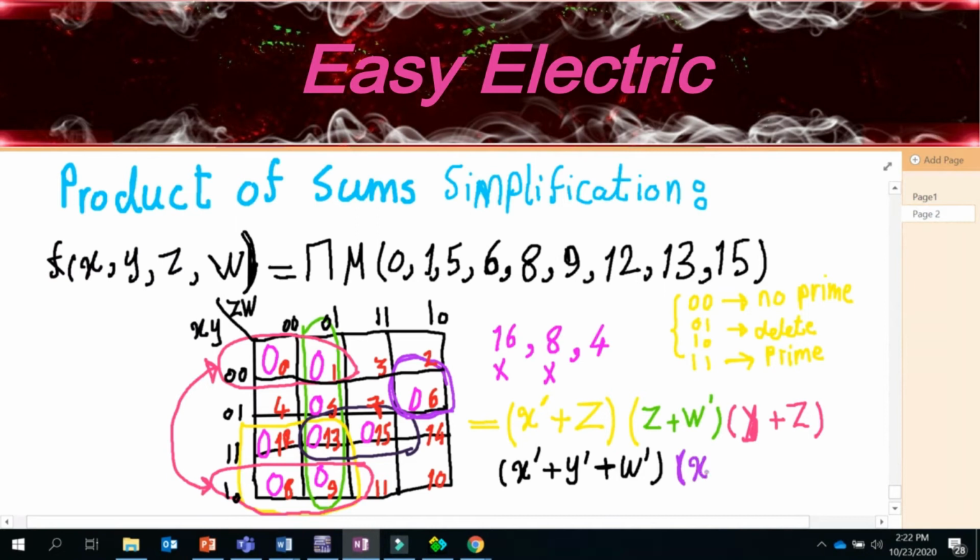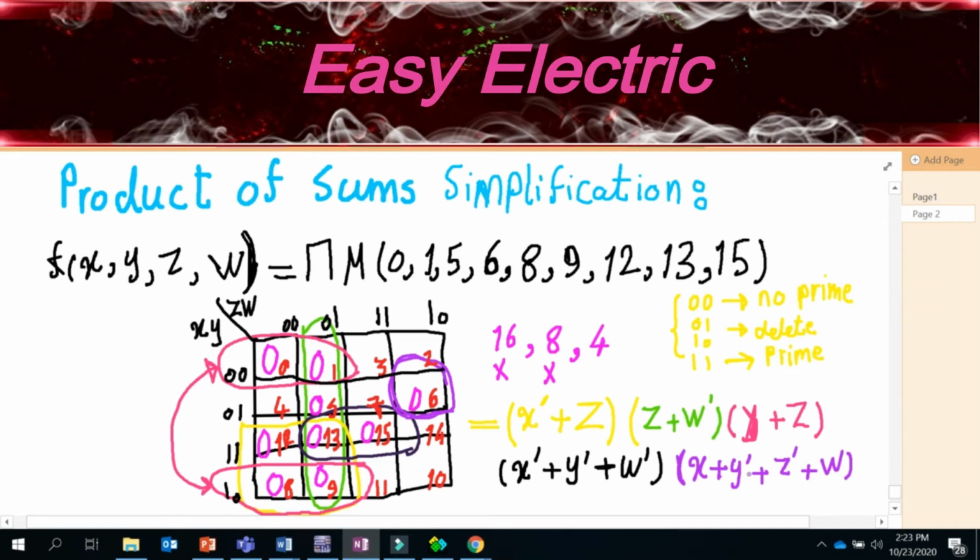So that means you have x. How about the y? Y is 1, which gets prime, so it should be plus y prime. Then take a look at this one, which is z is 1, so it should get prime. So you have z prime plus, and again, check w: w is 0, which gets no prime. So the last term should be x plus y prime, z prime plus w.